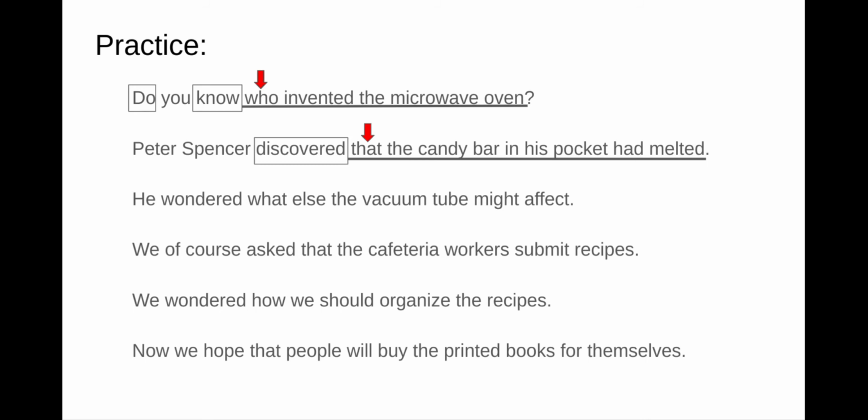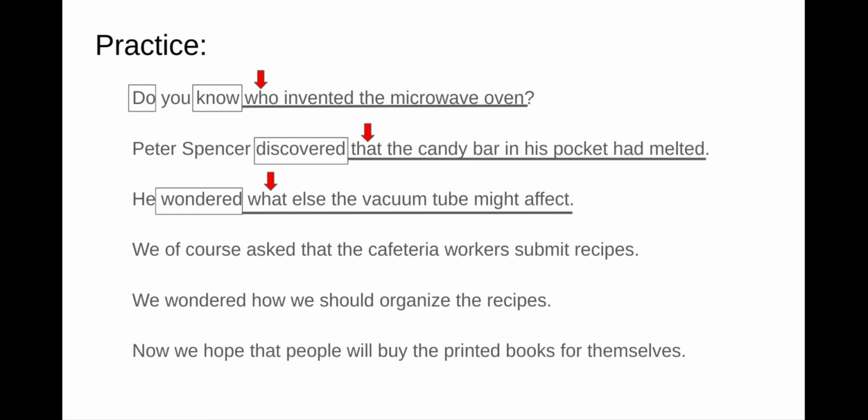Third sentence, he wondered what else the vacuum tube might affect. So what's your main verb? What did he do? Well, he wondered. Now, what or who did he wonder about? In this case, it's answering what. And our introductory word is what. So he wondered what, now we go to the rest of the sentence, what else the vacuum tube might affect. And there is your direct object.